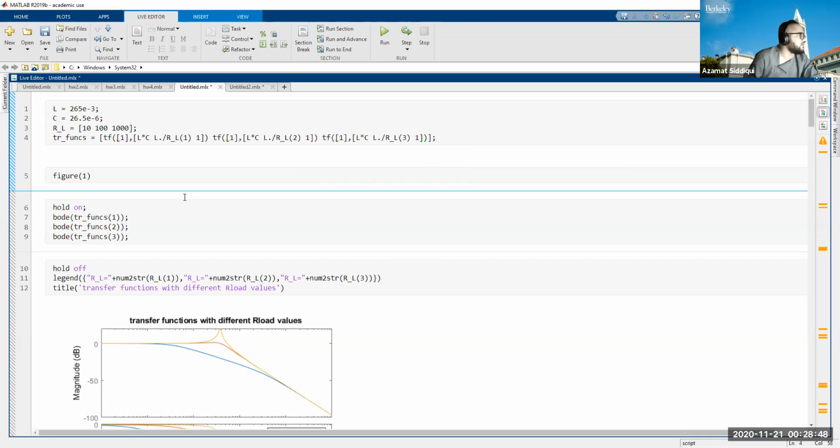And then I'm going to plot this in a figure, and hold on to that figure until I plot 1, 2, 3 Bode plots, and then I'm going to hold off, and I'm going to show you that these are the values for each one of them, and we're going to compare them all. So say run section.